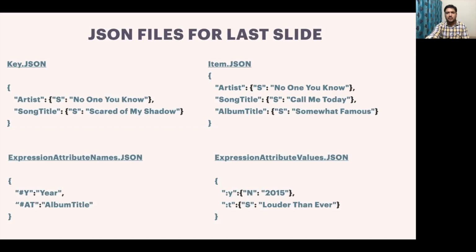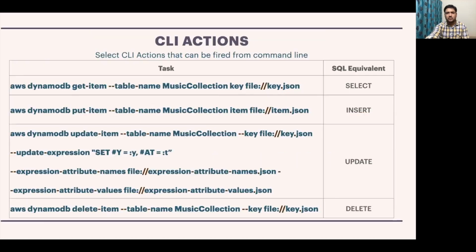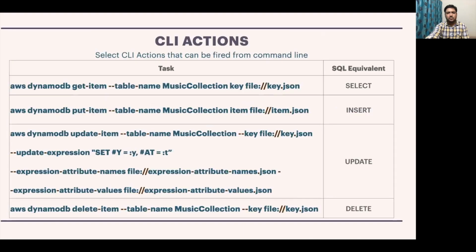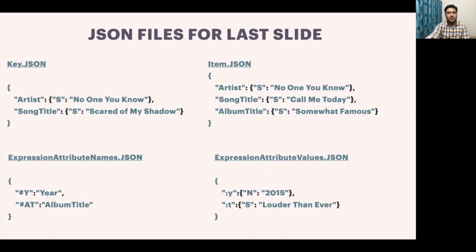Similarly for item.json: when you are trying to insert, item.json is called in the put-item command. It is going to insert values for artist No One You Know, song title Call Me Today, and album title Somewhat Famous. Likewise, in update, we mentioned #y, which we have provided as the value Year in expression-attribute-names, and #t as AlbumTitle, and the corresponding values of :y and :t in expression-attribute-values on the right.